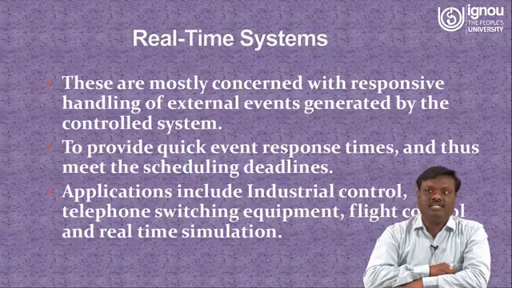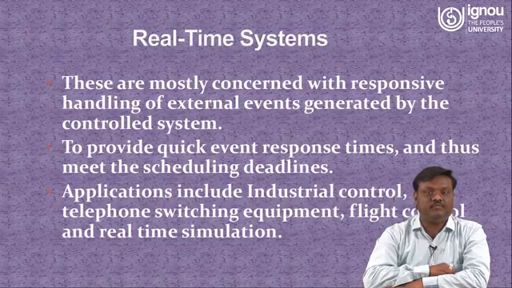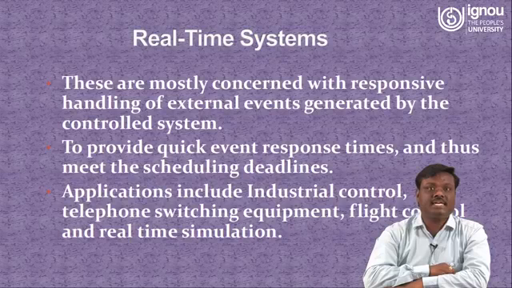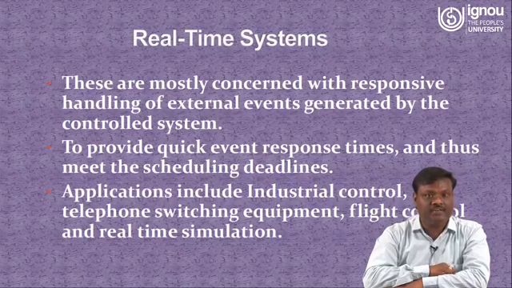Before concluding this particular session, let us recap. We had started with the four components of the computer system. We had identified all the four components. We had discussed the significance of an operating system, where exactly it lies, and what kind of interface it provides between the user and the computer hardware.